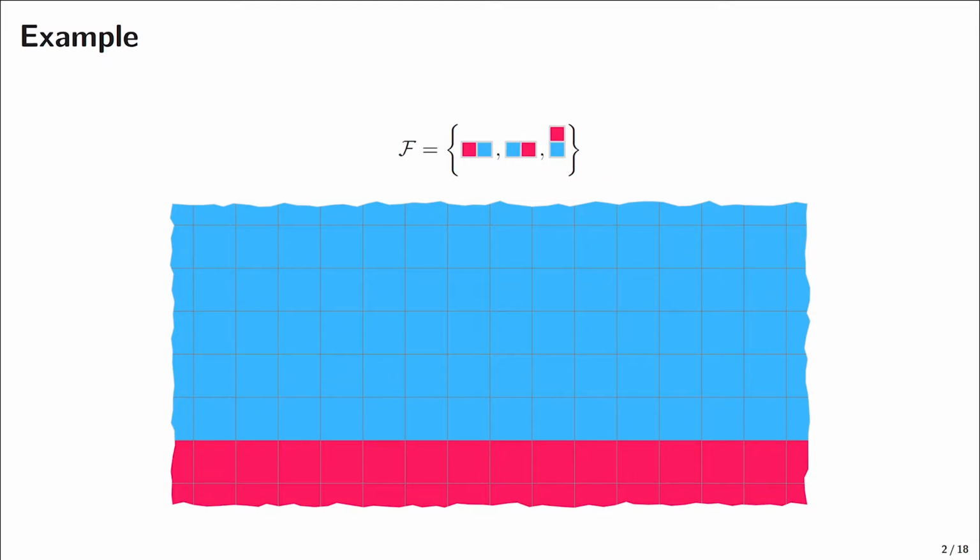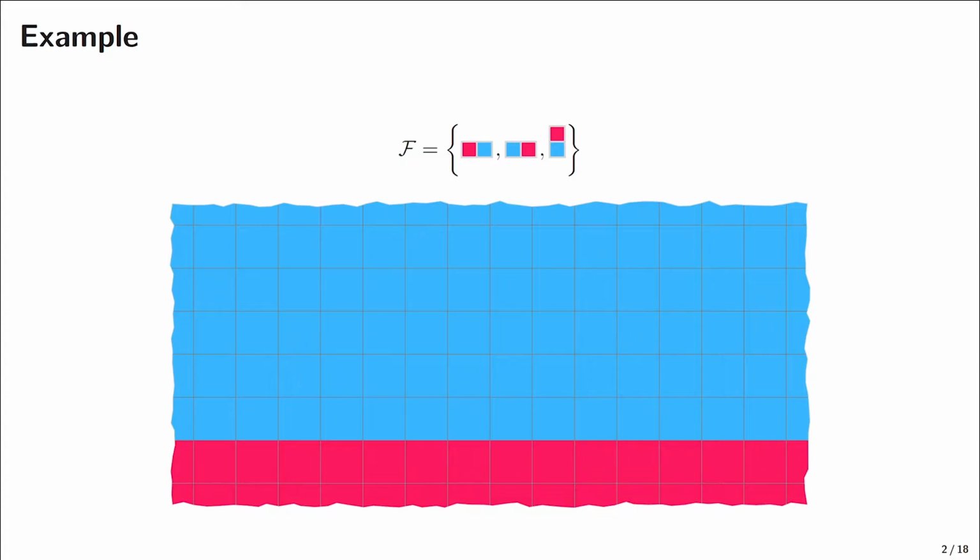So, let's take this family, and where does the terminology subshift come from? Because we defined our subshifts in terms of forbidden patterns, if you translate a valid coloring, the translated coloring still does not contain any forbidden pattern either. So subshifts are shift invariant in the sense that if a coloring is valid, a translated version of this coloring is also valid.